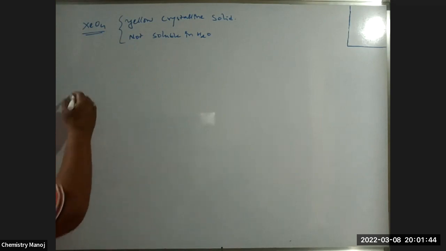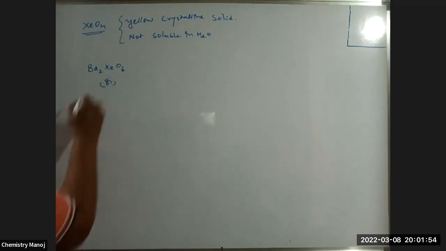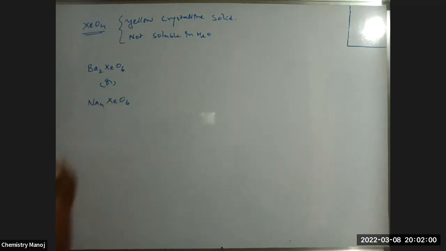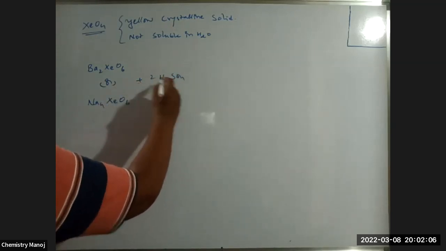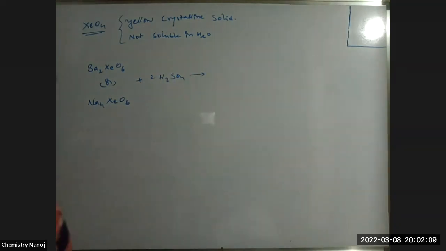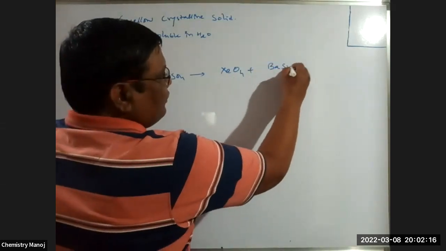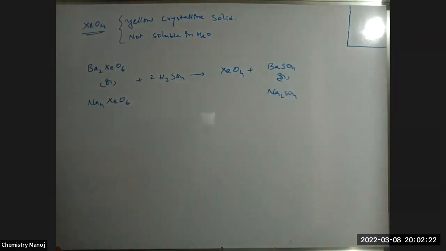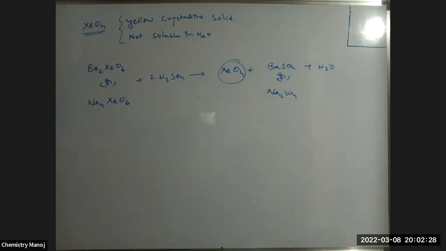Preparation method: barium perxenate, Ba2XeO6, or sodium perxenate, Na4XeO6, whatever it may be. When barium perxenate or sodium perxenate reacts with H2SO4, it gives XeO4 plus BaSO4, or if sodium perxenate is there, Na2SO4 plus H2O. XeO4 is the product.